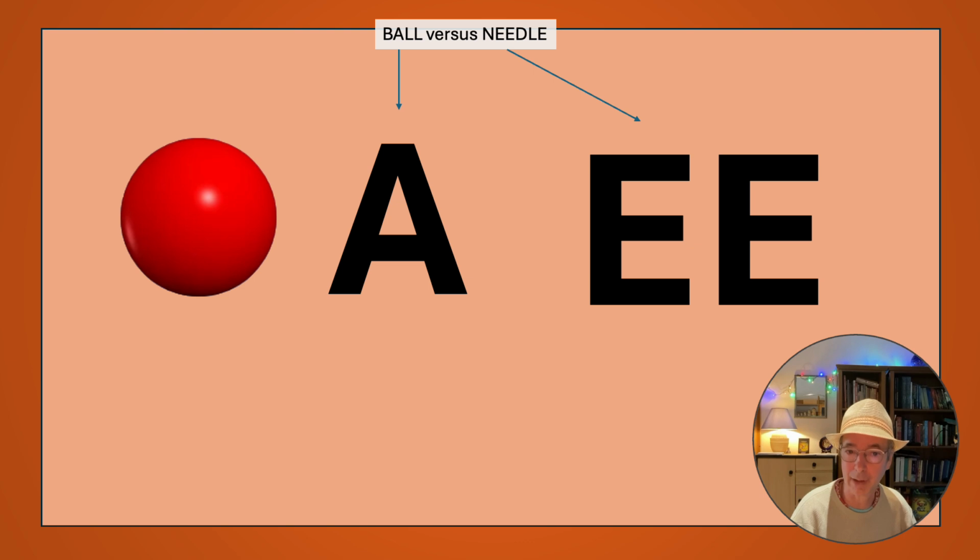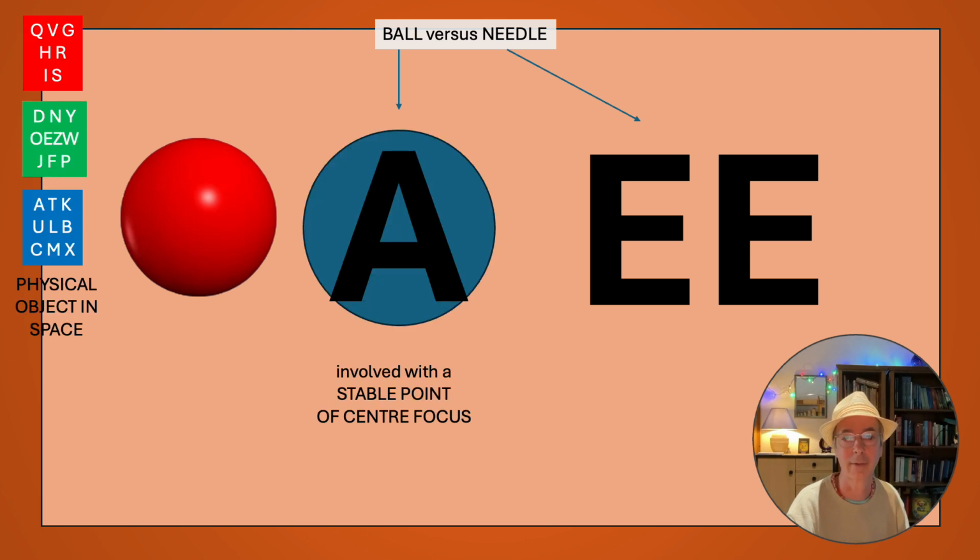We know that the ball is about the ball, as you can see there, so it is actually a very physical object. A is also about physical objects, but A is also the sound of stable objects. Now the ball is not exactly a stable point, because we associate it a little bit differently on its own. It has a center focus, so in that way the A is correct.